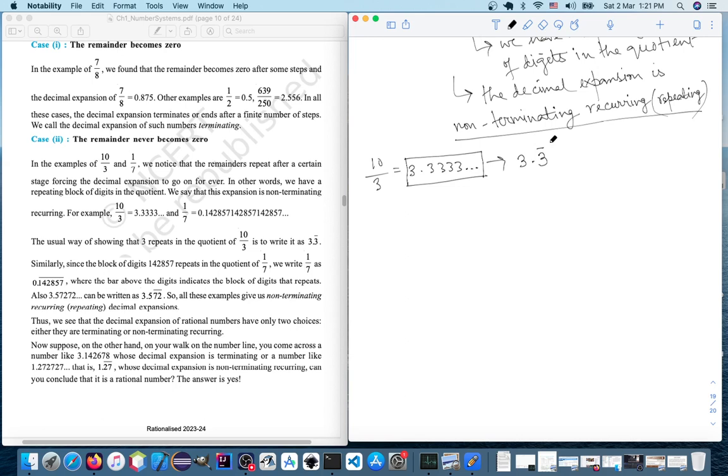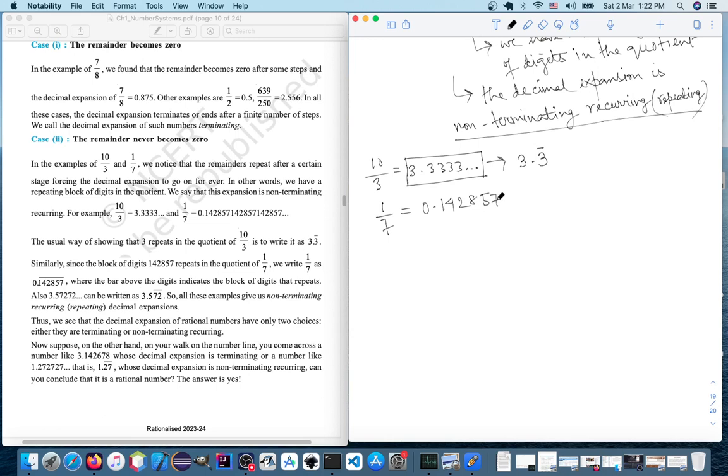So the repeating block of digits here in the quotient is 3, and we put a bar on top of 3. On the other hand, for 1 by 7, we saw the decimal expansion was 0.14287, and again it will start.